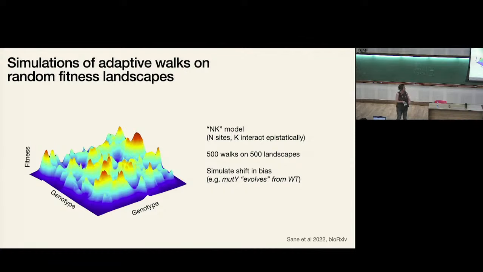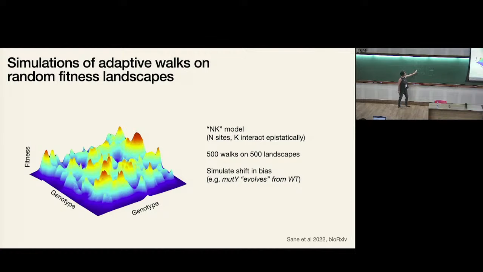Got it? And so effectively, you now constrain your sampling of mutations based on whatever bias we know exists in these populations. So when the wild type is allowed to evolve in this simulation, it is sampling transitions and transversions at some ratio which we know. So it's sampling more transitions than transversions. Of the available single-step mutations, they're going to be sampled in the proportion that we know of.